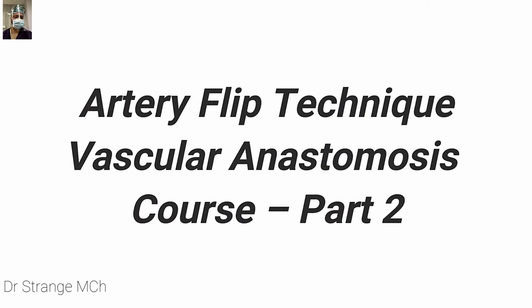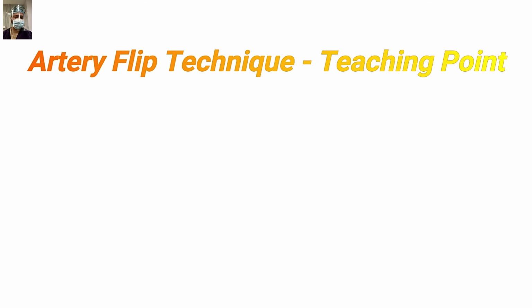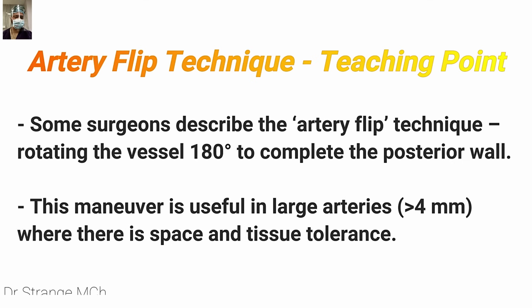So let's start with this part, that is the artery flip technique for vascular anastomosis. Friends, I have also learned this technique from one of my teachers, who described this artery flip technique of rotating the posterior wall by 180 degrees, so that the posterior wall can be sutured under vision.